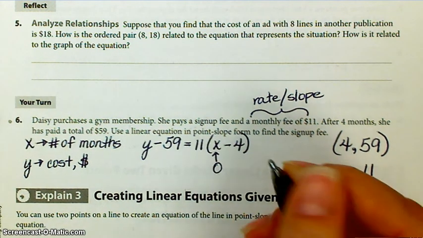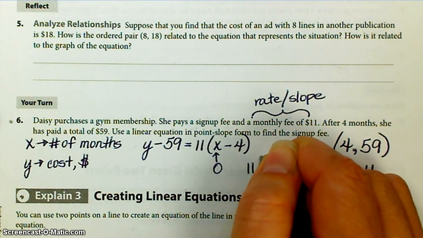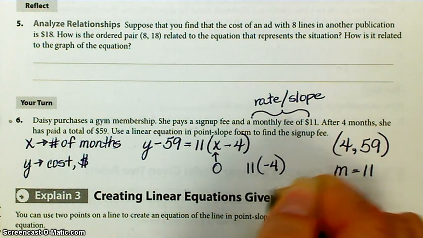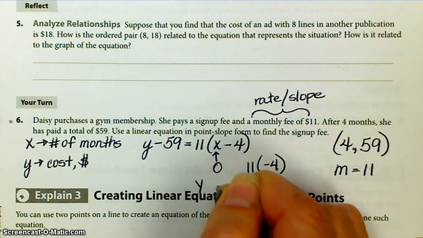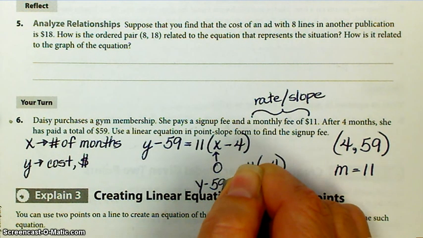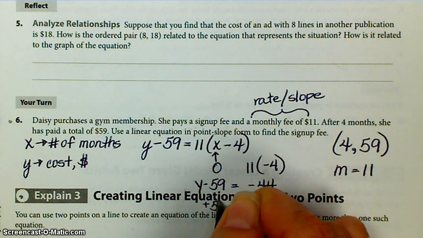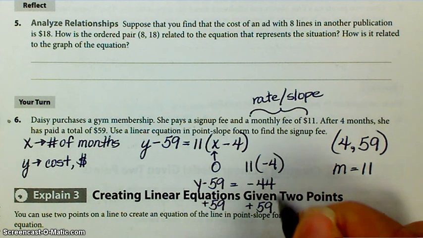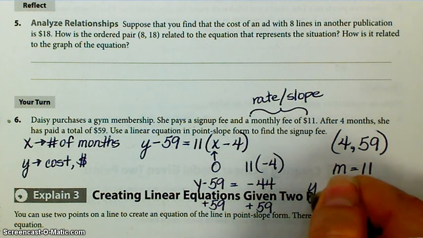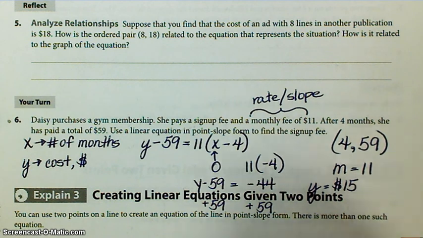So that's going to be 11 times negative 4, and that's going to be negative 44 equals y minus 59. I'm going to move the 59 by adding it. 59 minus 44, and I get $15. So $15 is the sign-up fee.